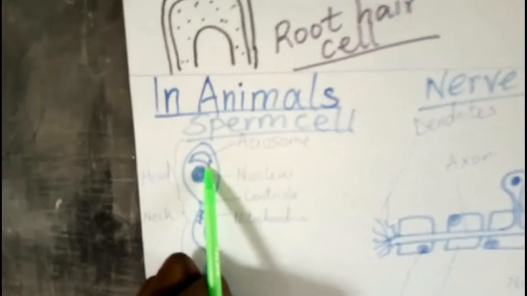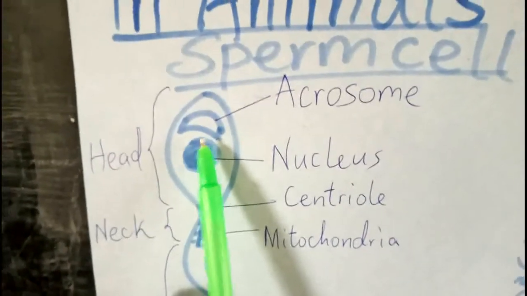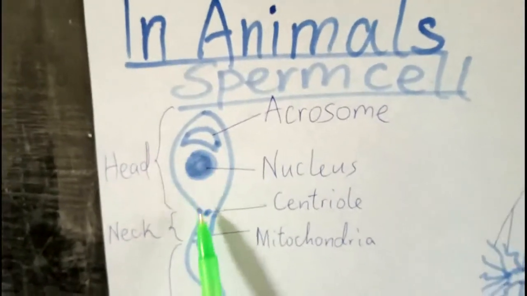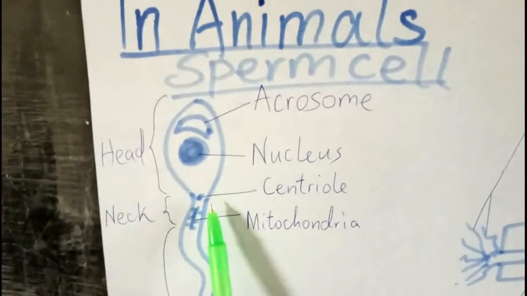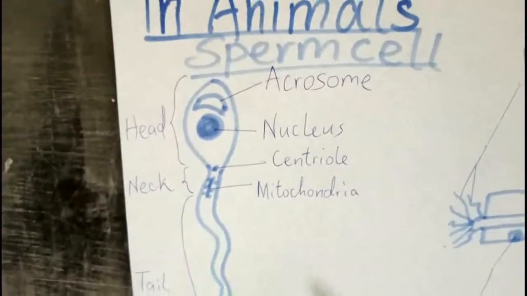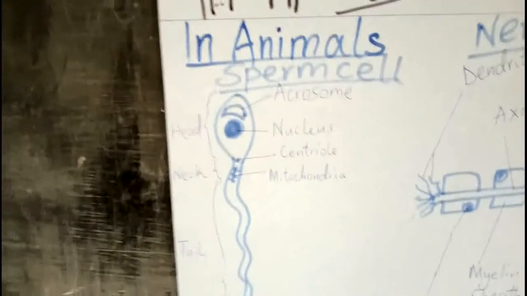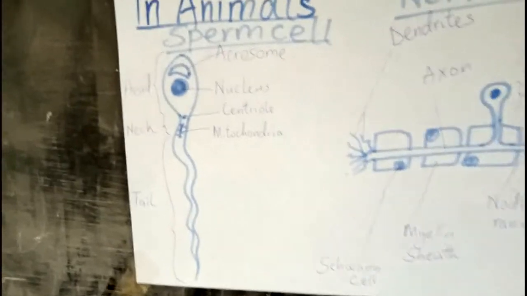Hope you'll be able to see it clearly when I zoom in. Yes, we have the acrosome, this part over here. Nucleus is present in all the other cells, the centriole, the mitochondria. It also has this part here called the tail, which makes it unique from other animal cells.